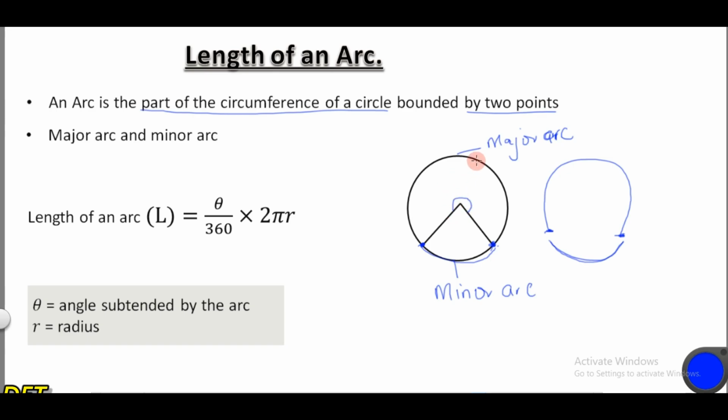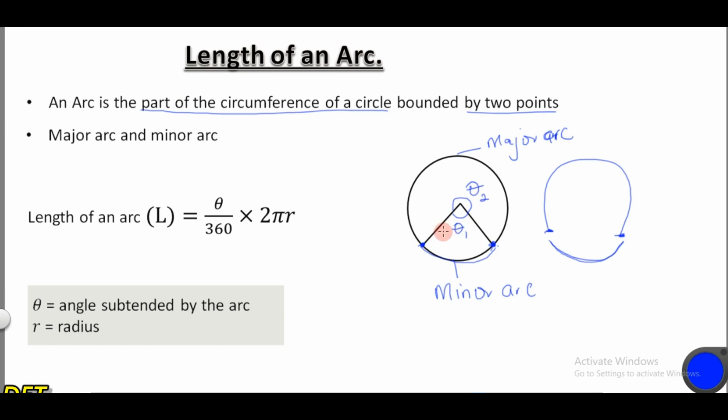And if we're looking for the length of this minor arc, we'll consider this angle. So let's say here is theta 1 and here is theta 2. So if we're looking for the length of this major arc, we would use theta 2. If we're looking for the length of this minor arc, we would use theta 1, right?